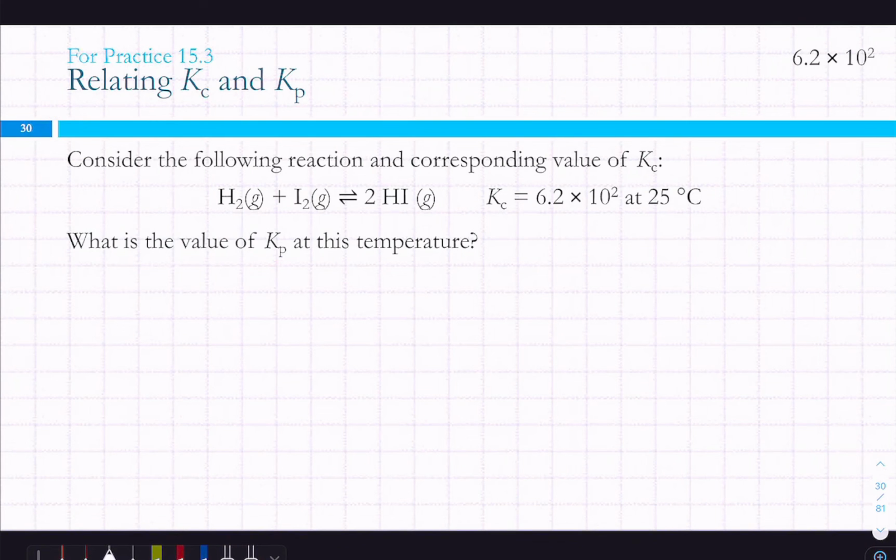So we can calculate delta N, which is our products minus our reactants. So minus 1 for the hydrogen, minus 1 for the iodine, delta N equals 0. So when delta N equals 0, then Kc is equal to Kp is equal to 6.2 times 10 to the second.